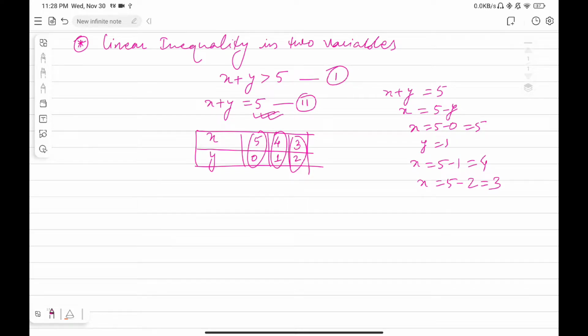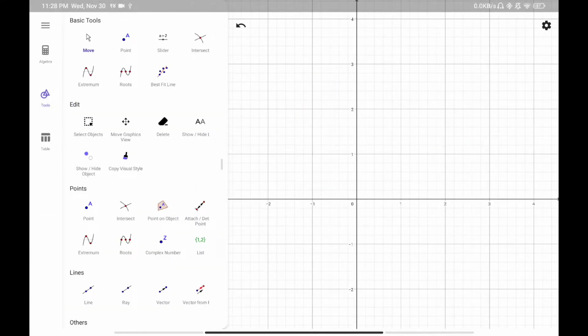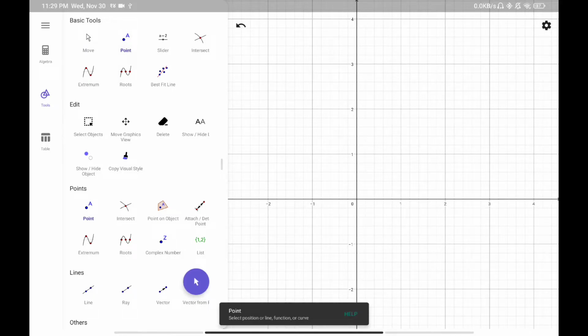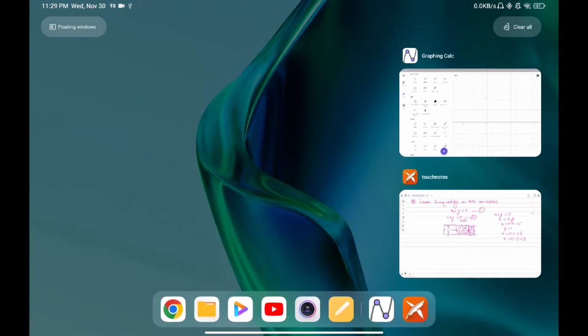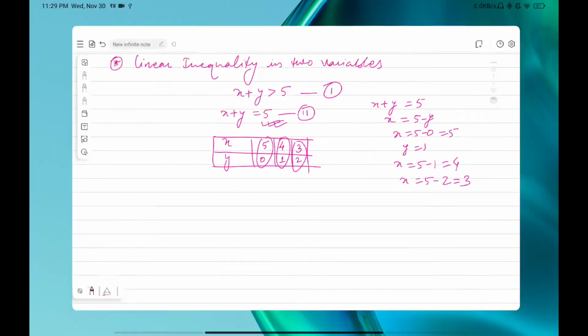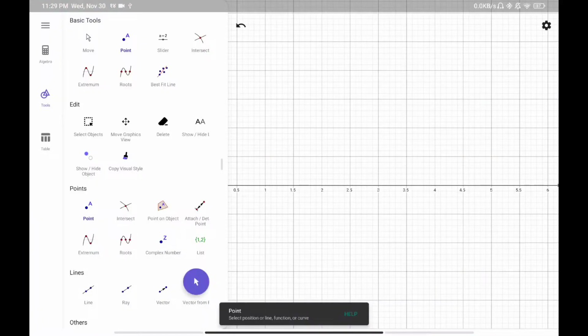Now I'm going to use the GeoGebra graphing calculator to plot this graph. So we are going to draw the line here. Let's put our points here: we have (5, 0), (4, 1) and (3, 2).